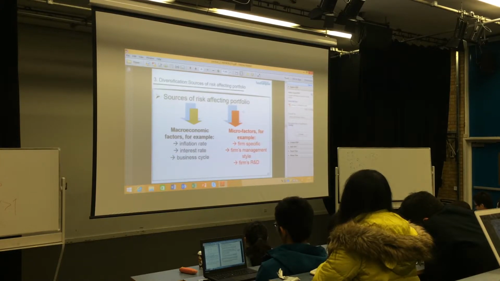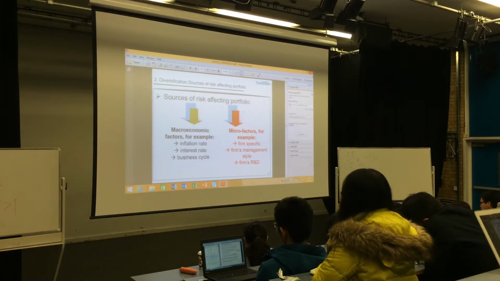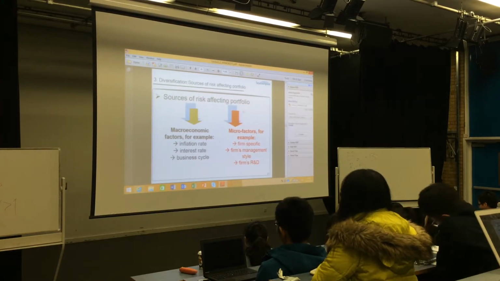An example of micro-factors, so individual risk, is firm-specific characteristics, like the firm's R&D profile. Macroeconomic factors can be inflation rate, interest rate, business cycle. These affect not a single company, but more than one.